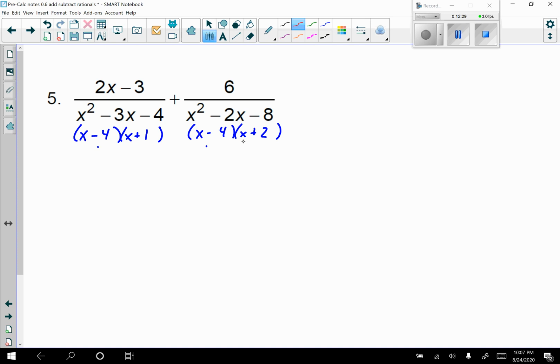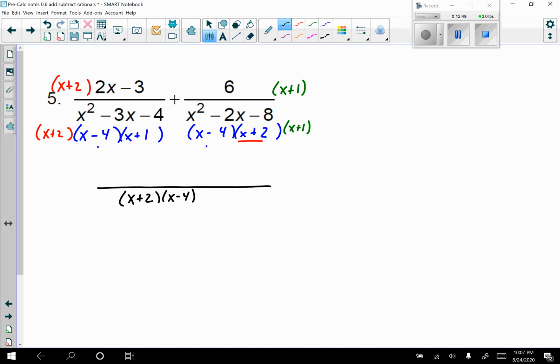The first one is missing the x plus 2. Second one is missing the x plus 1. So we have 3 pieces in our common denominator. I'm going to go ahead and make those all one fraction. And we're going to build the denominator: x plus 2, x minus 4, x plus 1.